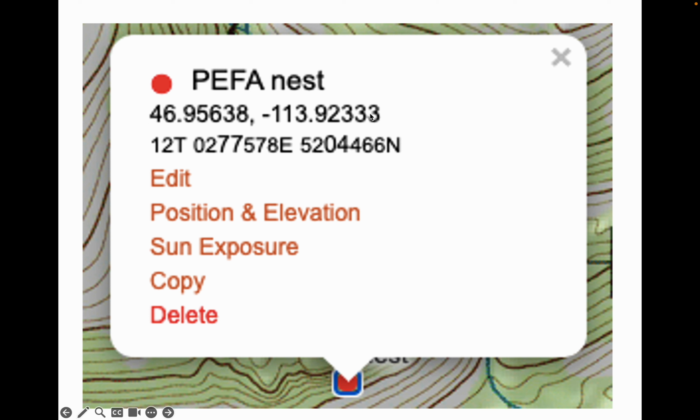Why don't I normally like using latitude and longitude? It's because from the standpoint of doing field work, the latitude and longitude system was designed for mariners. It was really designed for ocean exploration. And it's a fabulous tool if you have miles and miles of just horizon out there in front of you.